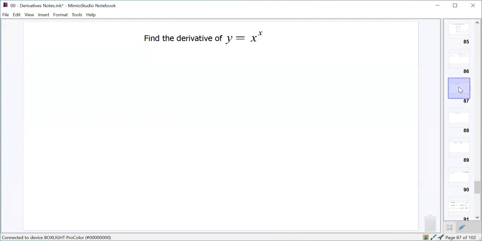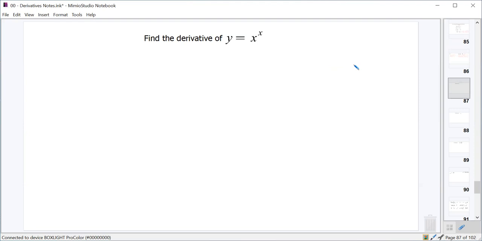For example, x to the power of x. This is one function, x, being raised to the power of some other function, also x. Right? But we don't have a rule for that. Our rule for a to the x or x to the n doesn't work because both a and n represent constants. And here I have two different functions, one in the base and one in the exponent.